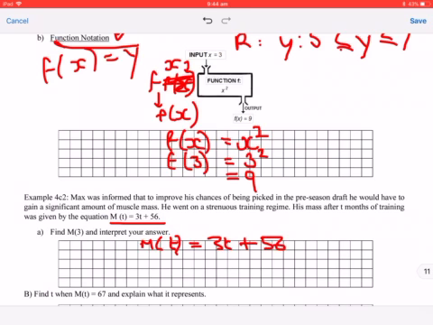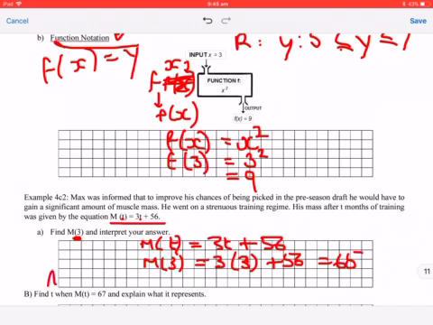Alright. Whenever you get this question, it means that the number inside the bracket replaces this variable. Alright? So wherever T appears here, 3 will go instead. So M of 3, we're just going to replace every T by 3. And you're going to get 3 times 3 plus 56, which is going to be 65. Alright?